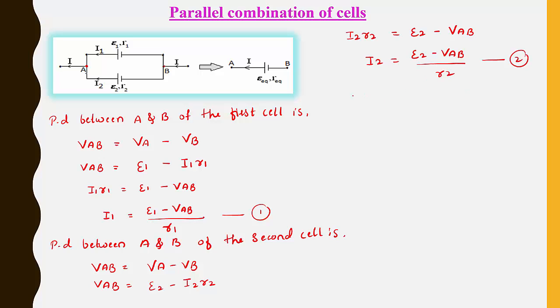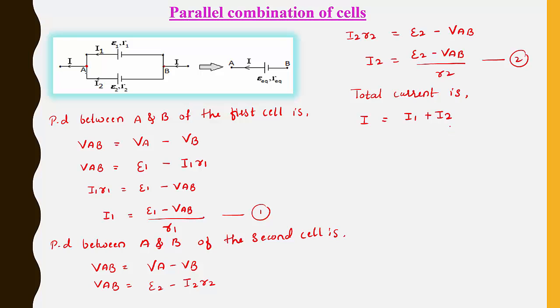Now how to write the total current? The total current, the main current I, is equal to the sum of branch currents, or the sum of the electric current passing through both the cells. I equals I1 plus I2. Now remaining is only substitution.